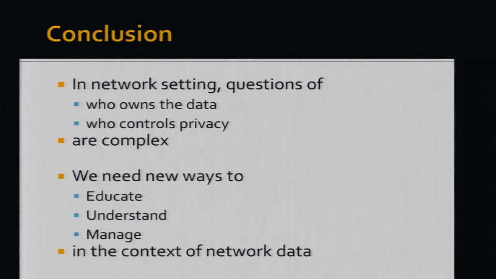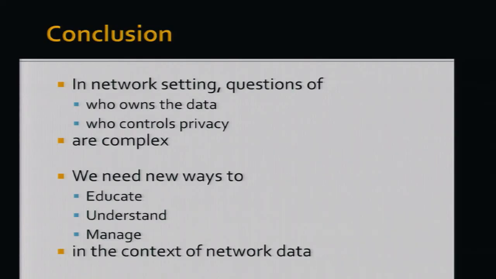But I think in a network setting, these notions of who owns the data and then who controls privacy end up getting much more complex. And we really need ways, first off, to educate. So making people aware of kind of how complex these inferential questions are, how then that fits into understanding and managing things.